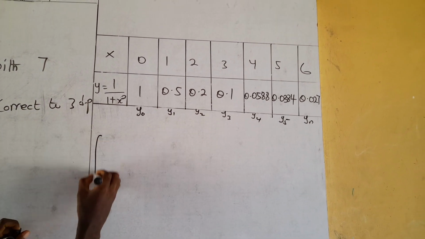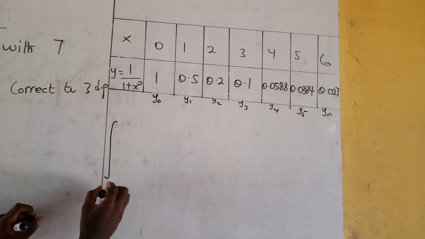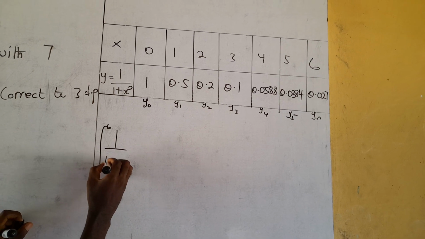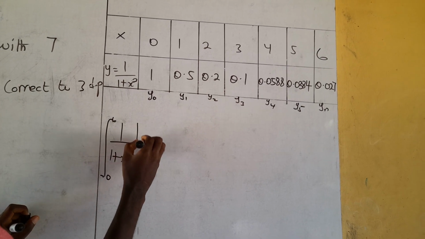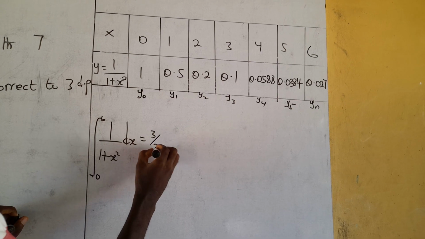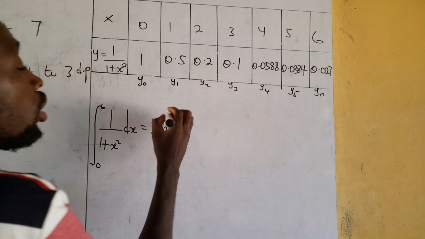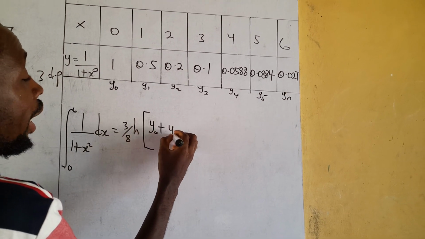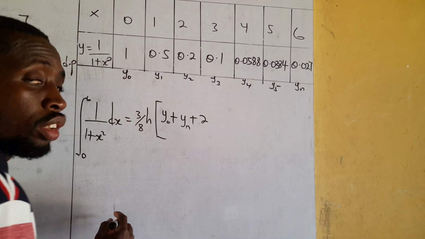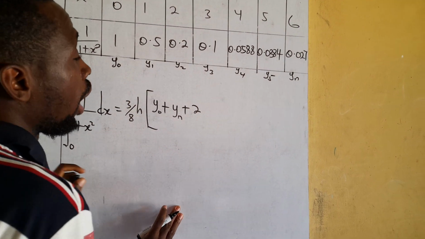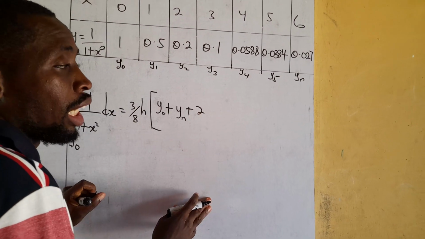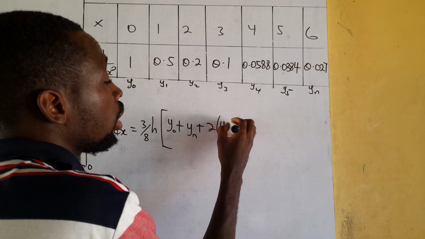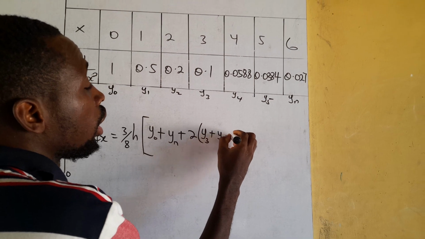So the Simpson 3/8 rule says that the integral from 0 to 6 of 1 all over 1 plus x squared dx will be equal to 3h over 8 bracket y0 plus yn plus 2 times all the values of y that are in multiples of 3 position, that's y3 plus y6 in that order.